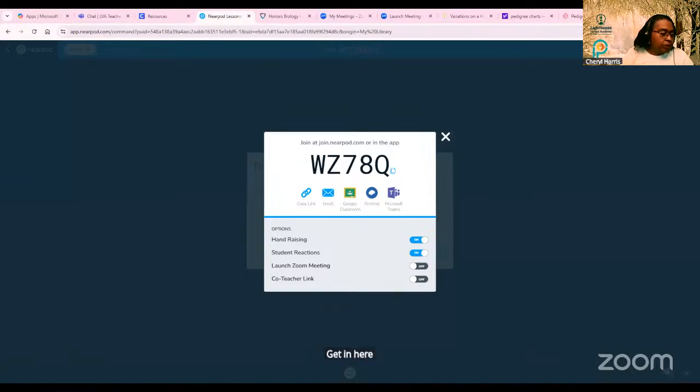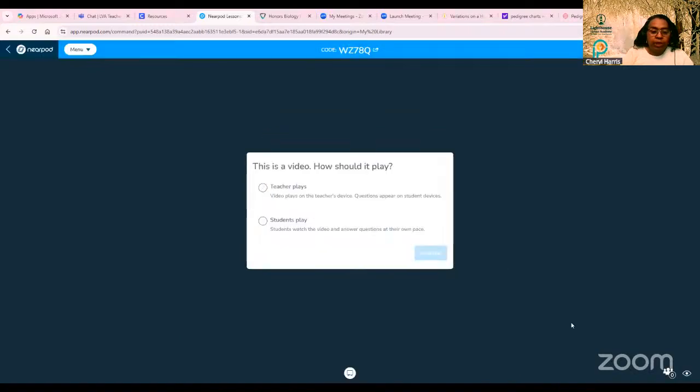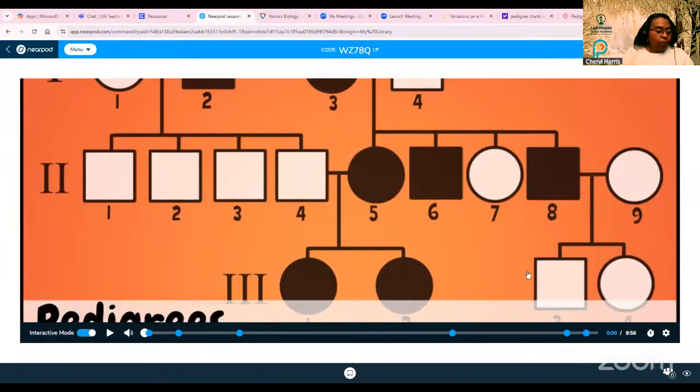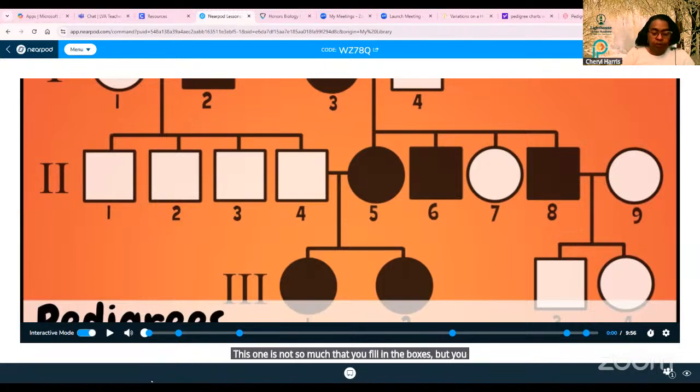And we're going to watch, this is mostly a video, but with Nearpod, it has questions. All right, so that's the Nearpod link in the chat. And I'm going to play it. I'll give you a minute to get in. All right, so with pedigree, we have a chart that we're going to learn how to read. This one is not so much that you fill in the boxes, but you have to learn how to read a pedigree chart.